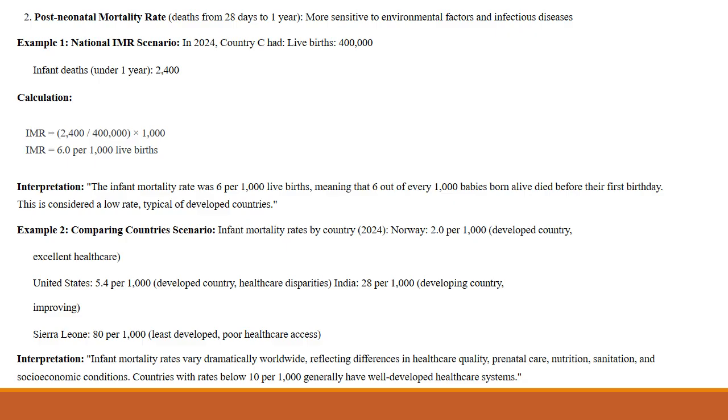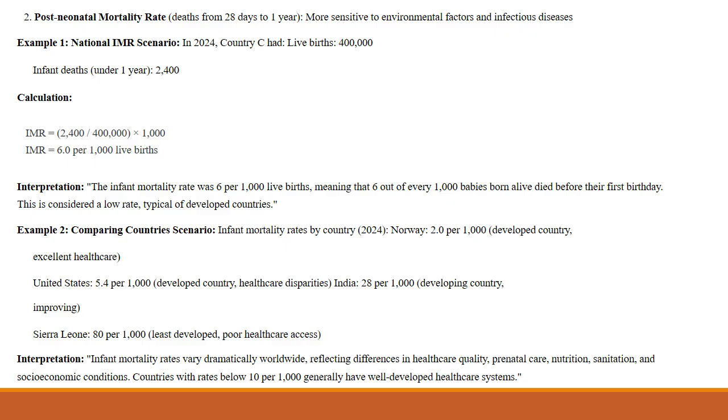Now, example number 2, comparing country scenario. Infant mortality rate by country 2024. Norway is 2 per 1,000, a developed country with excellent healthcare. United States is 5.4 per thousand.